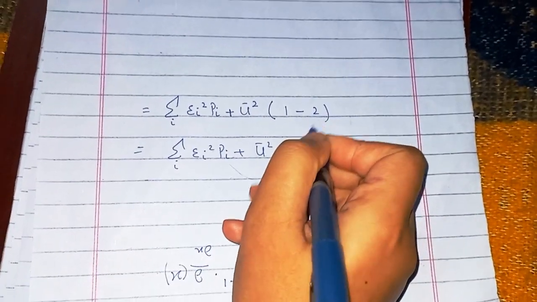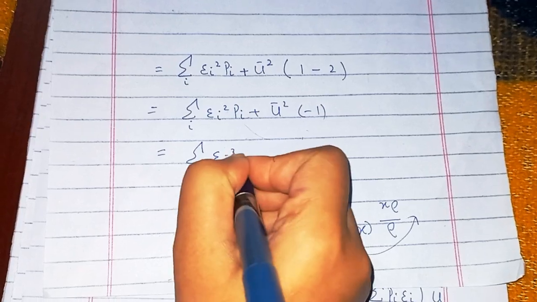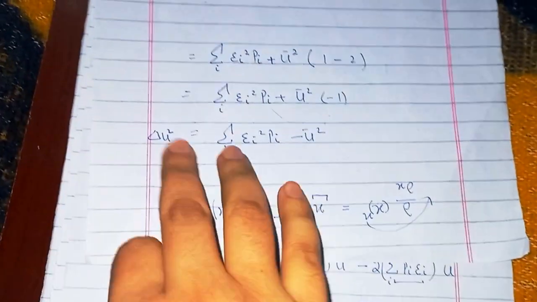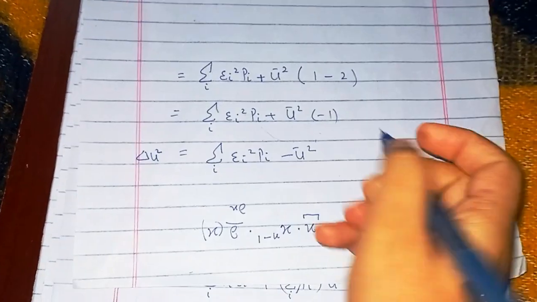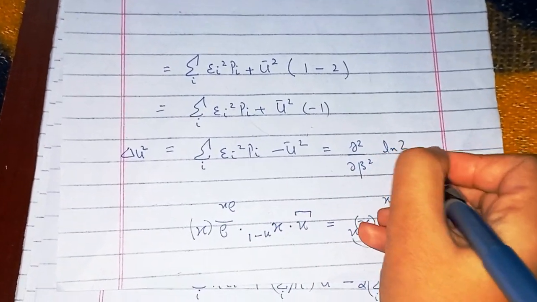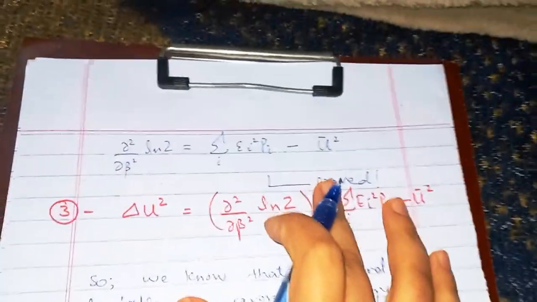1 minus 2 is minus 1, so we are left with this term, and this is the standard deviation in average energy. It equals partial square by partial beta square of natural log of z, which we calculated here as well.